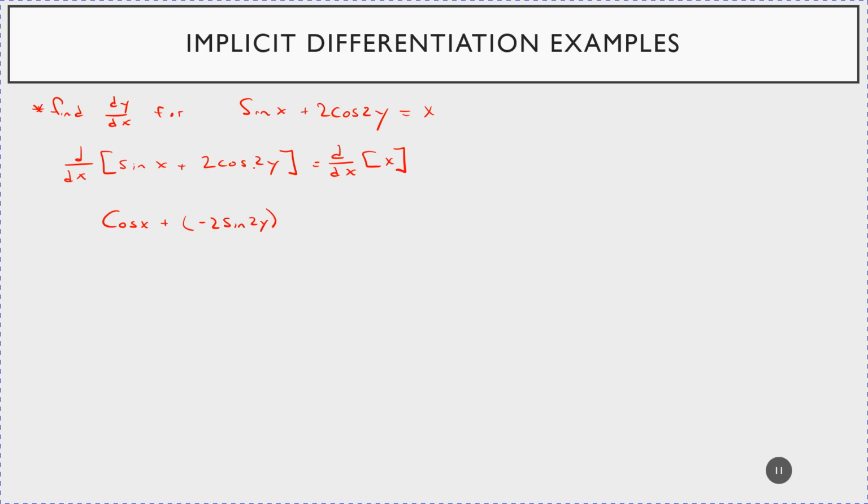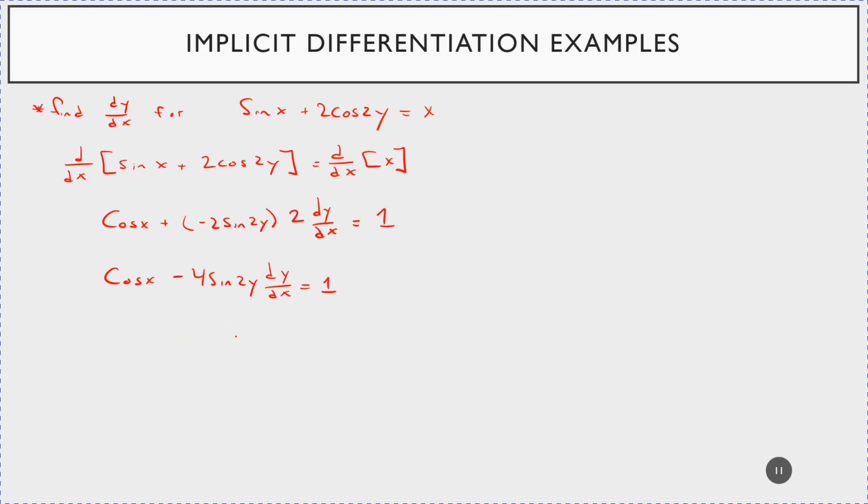And now look, when you differentiate, you got to differentiate the inside part. So when you differentiate 2y, what do you get? You get 2 dy/dx is equal to, and then the derivative of x is just 1. So look, this is cosine of x, 2 times 2, so minus 4 sine of 2y, and then you have dy/dx is equal to 1.